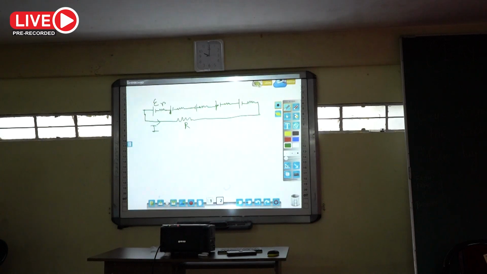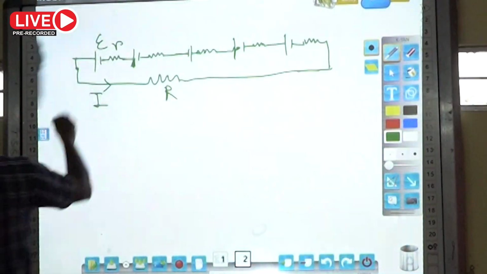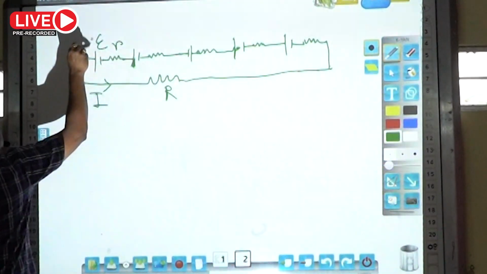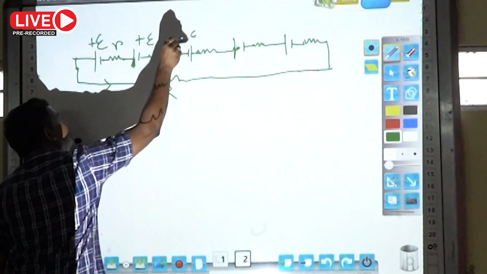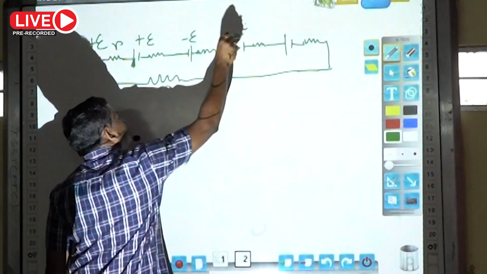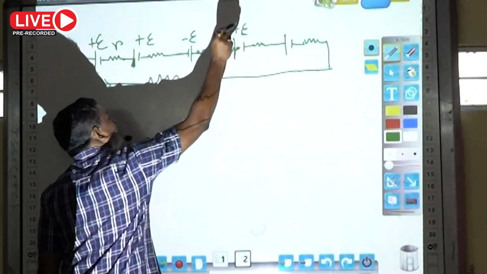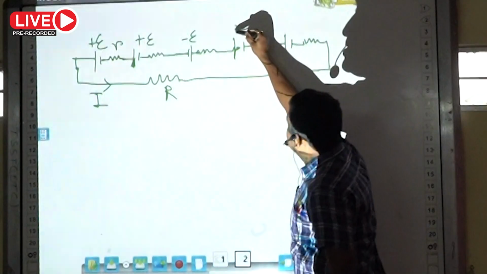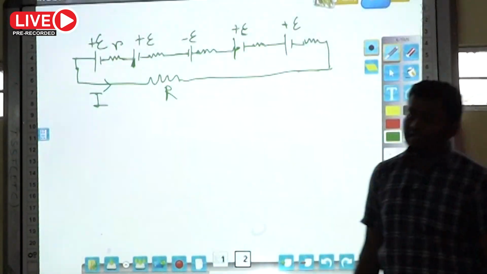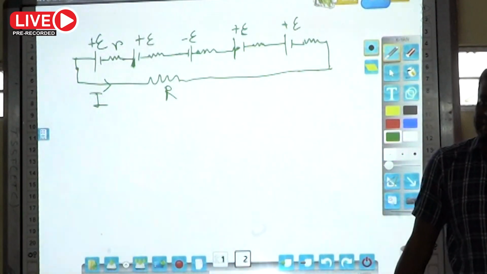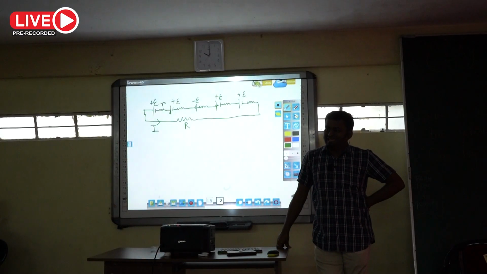See? This one is plus E. This one is plus E. This one is minus E. Plus E, plus E. Now add all this algebraically. What it gives? 3E, not 4E.